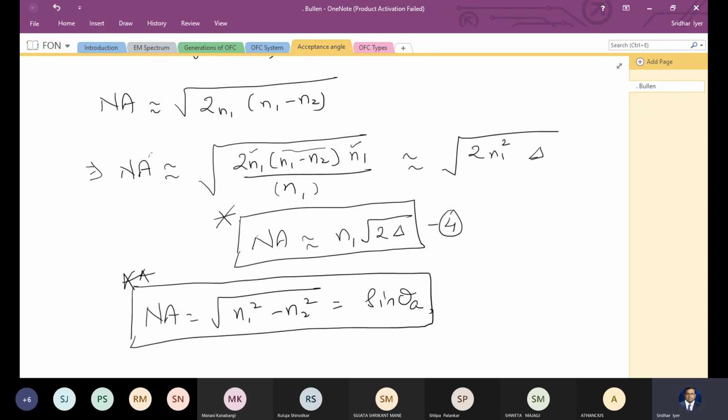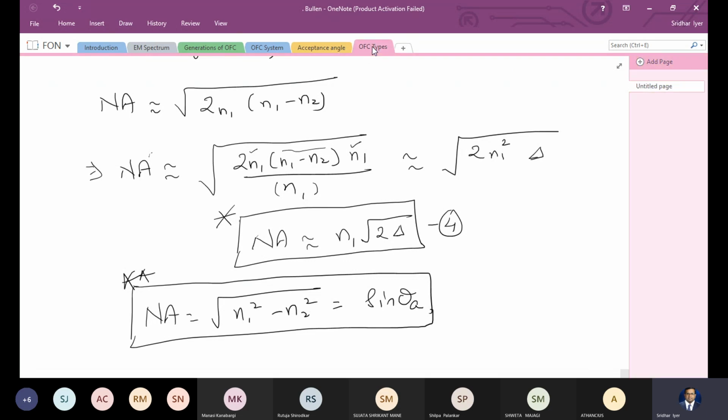The numericals based on this are very simple, provided you have the equation to be used. In general, the questions asked in the exam are based on numerical aperture. They ask you to derive the numerical aperture or the acceptance angle followed by a numerical. So it could be an 8 to 10 or 12 mark question, right? And it will definitely have a numerical. So let us do the types of the fiber, and then we'll proceed to solving the numericals.